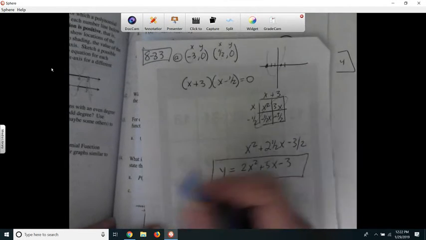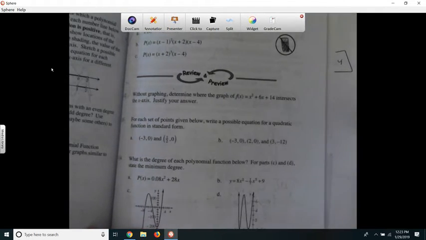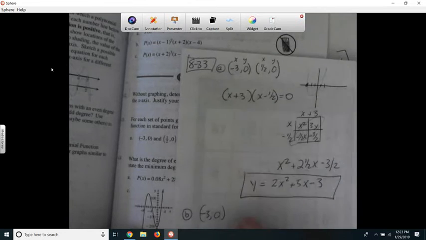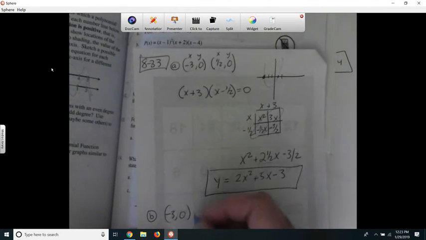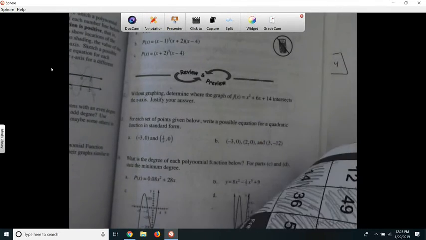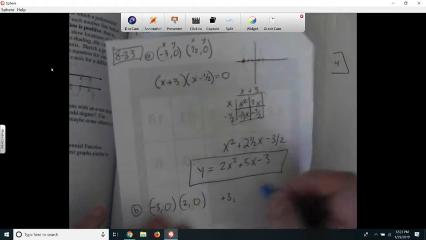I'm going to try to fit letter B into this same video. So B has negative 3, 0, 2, 0, negative 3, positive 3, and negative 12.